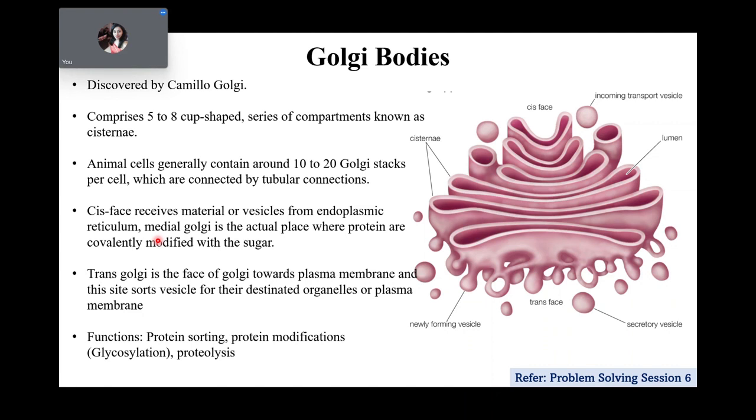So sugars are added to these proteins, and they are called glycoproteins. These are of different importance. For example, they are involved in the production of enzymes, they help in cell attachment, and they are present on the cell surface as cell surface receptors.